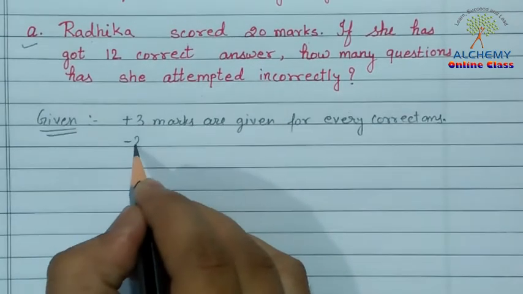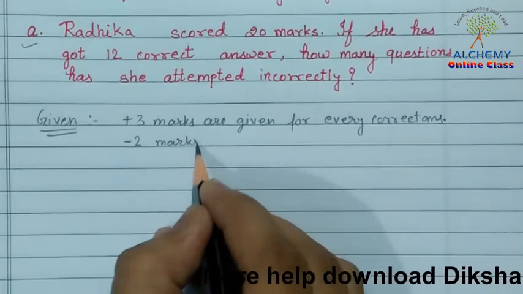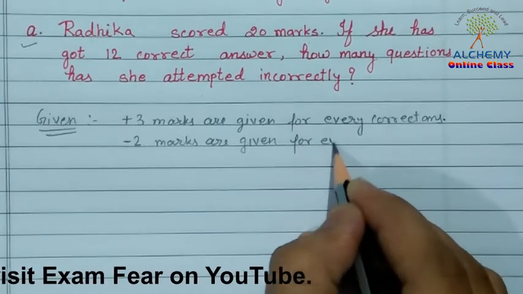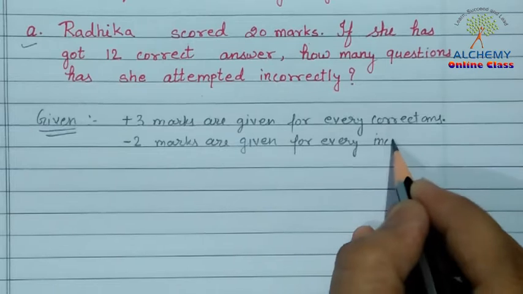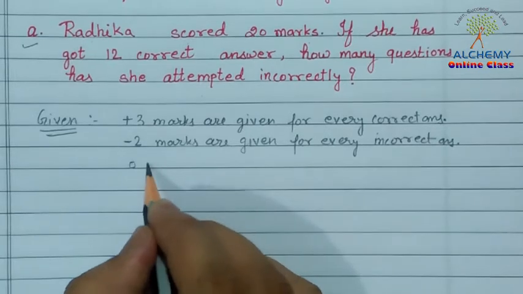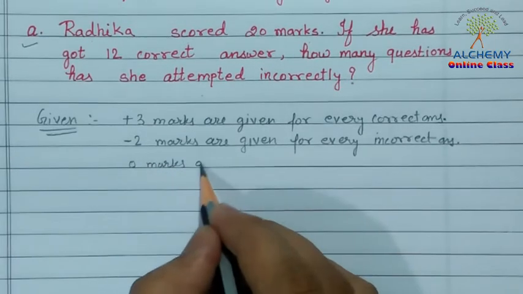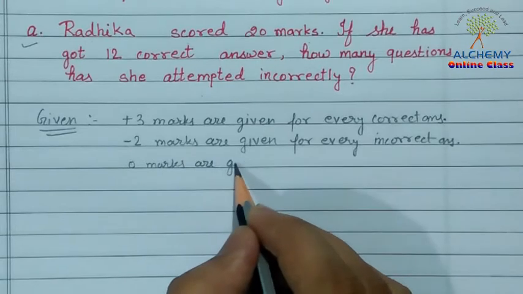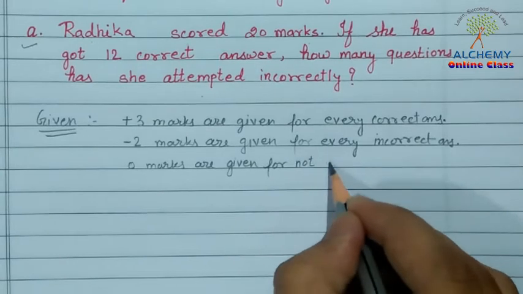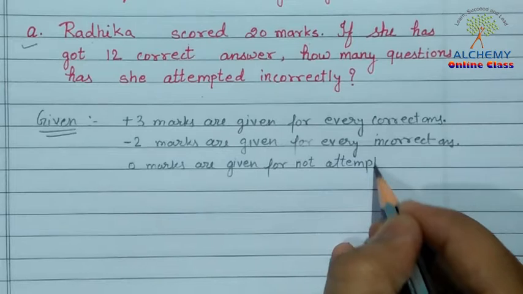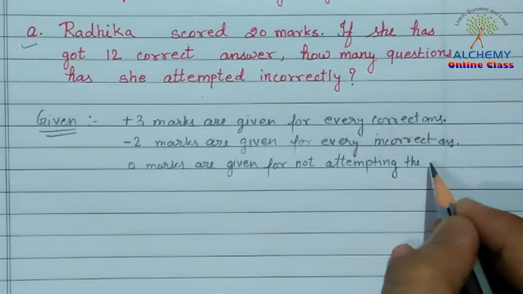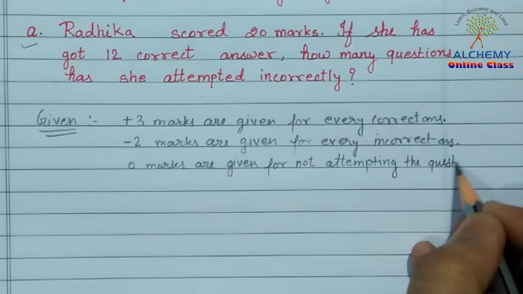We know that minus 2 marks are given for every incorrect answer. 0 marks are given for not attempting the question.